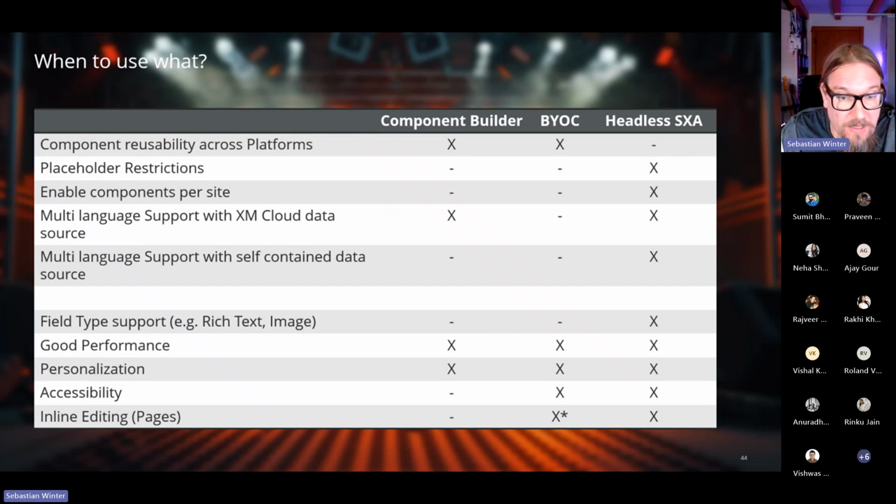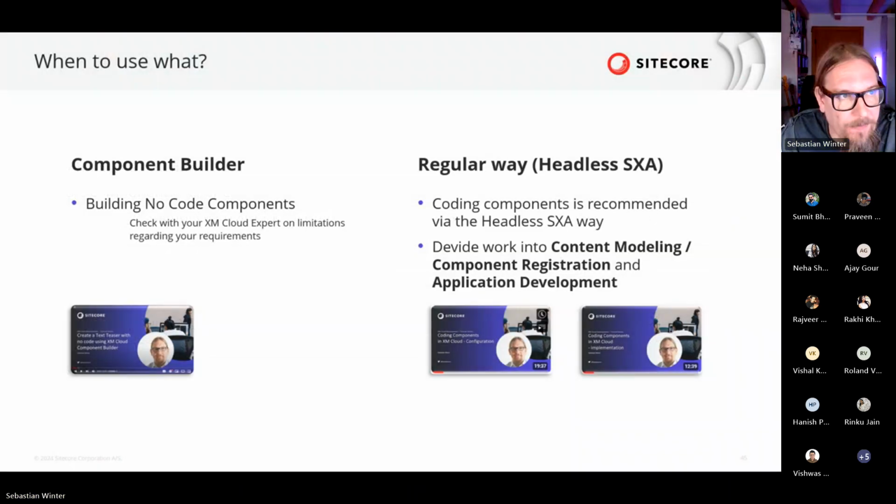So that's something to consider. And there's no inline editing in pages for the component builder components. That's directly inline edited in the component builder. But for BYOC, we've seen that you can edit these on the sidebar. So not directly inline, but very close. So summarizing, when to use what?